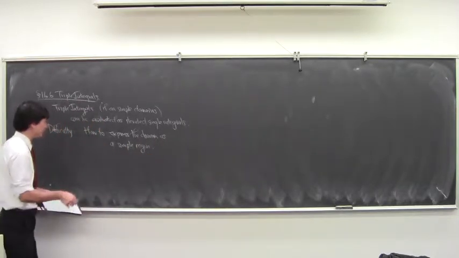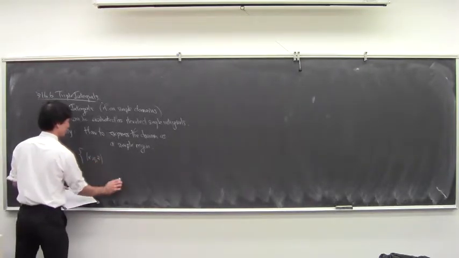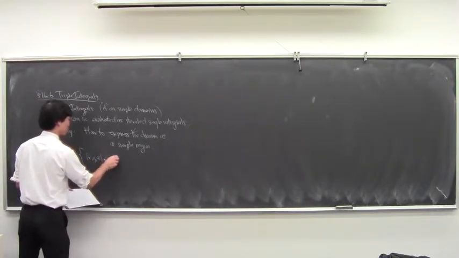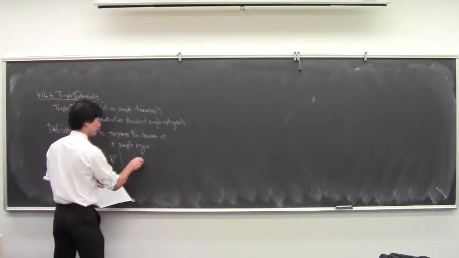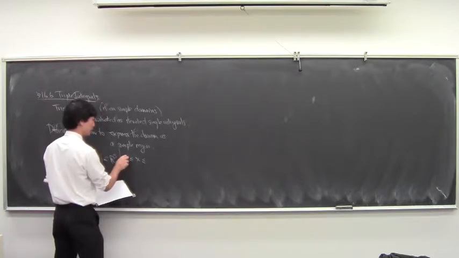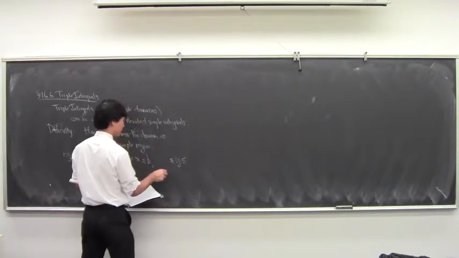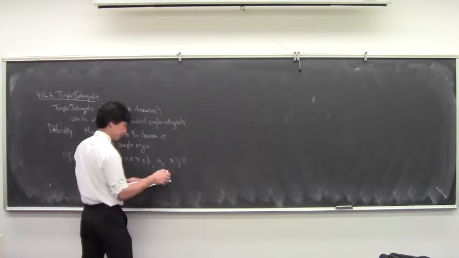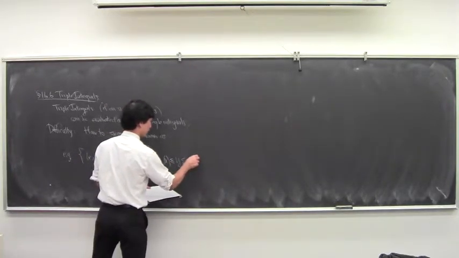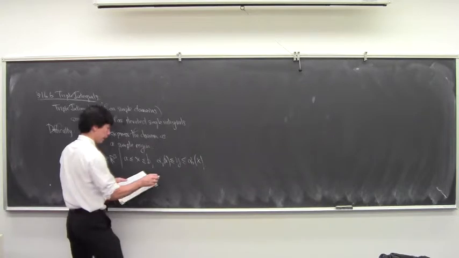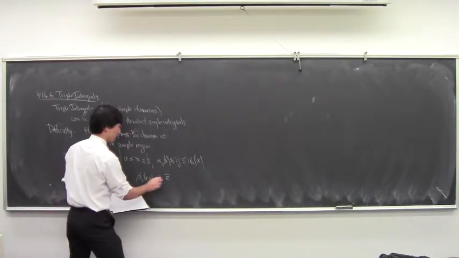Where the simple region was something like, your set is going to be x, y, z in R3, where x ranged between two values, a and b, y ranged between values that were dependent on x, and z ranged between two values that were dependent on x and y.